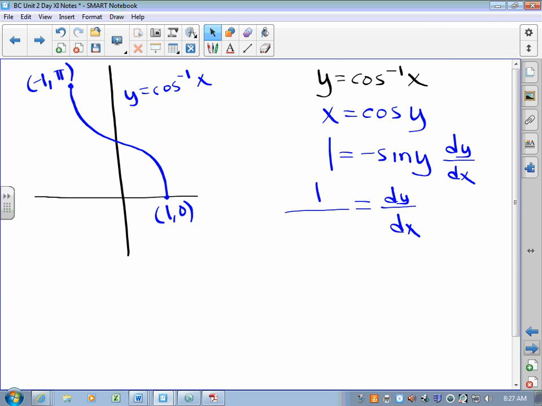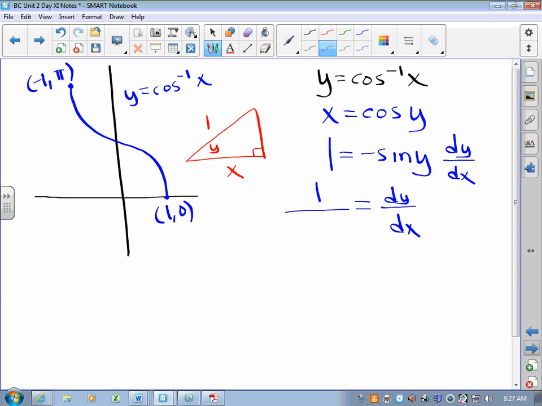Well, can I get that? Sure I can. If y is the angle whose cosine is x, then that third side is, by the Pythagorean theorem, radical 1 minus x squared. And the sine of y is radical 1 minus x squared. So the negative comes over, and so does the square root.